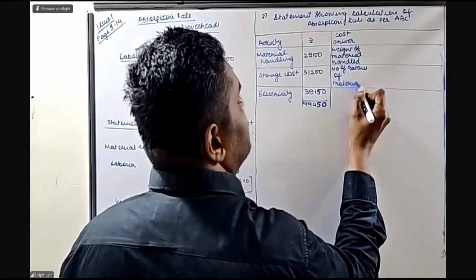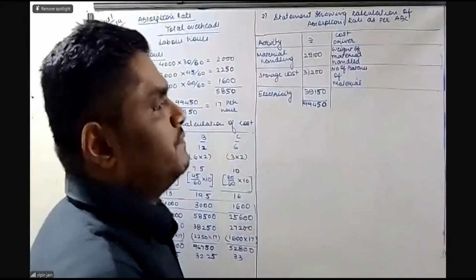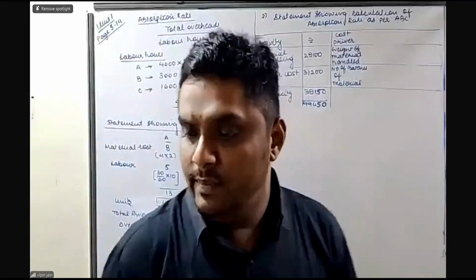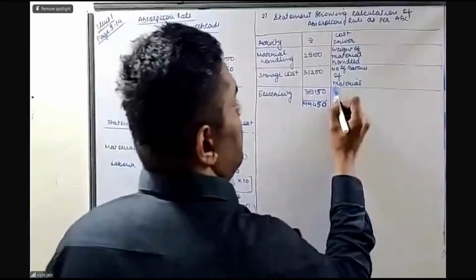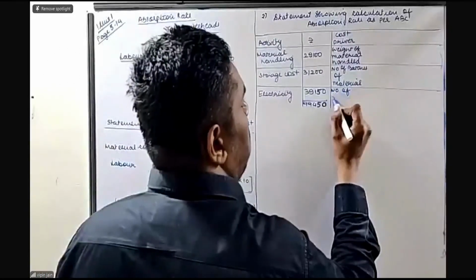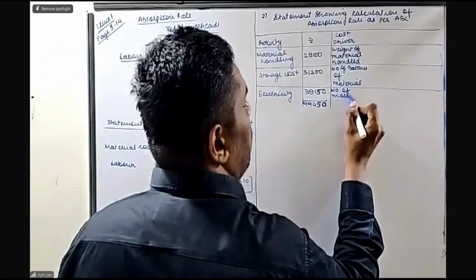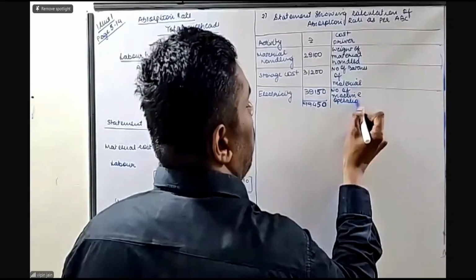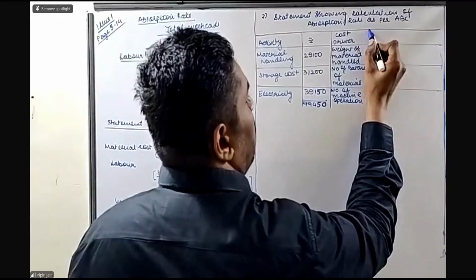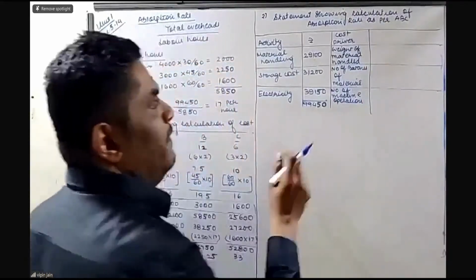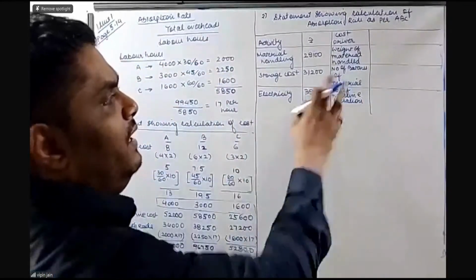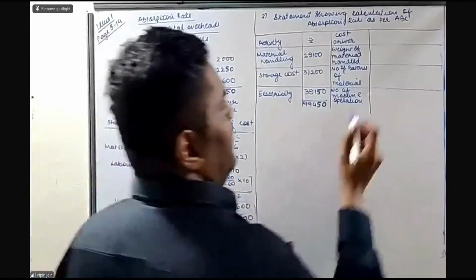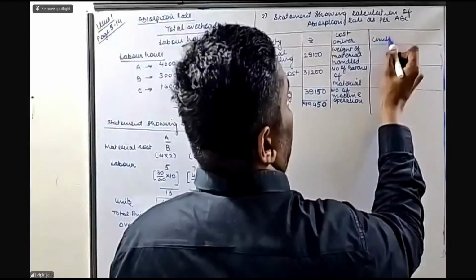And for electricity, it is number of machine operations. First one is the weight of material, then number of batches of material, and number of machine operations.